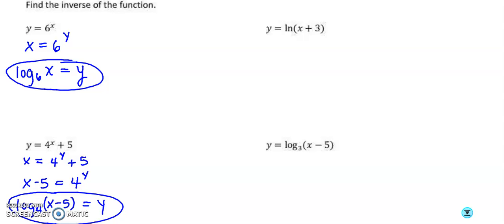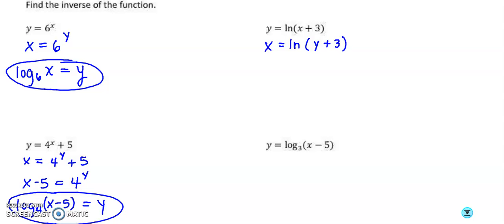All right, let's go top right of the screen here. We see y equals the natural log, if you forget that from last video, of x plus 3. So the first thing, switch the x and y. And we cannot actually subtract 3 here first. The reason being, it's because it's inside of the natural log. So we have to eliminate the natural log here first. If you remember from the last video, to eliminate a natural log, you have to do what I like to call e both sides, because the natural log is the inverse of that letter e base.